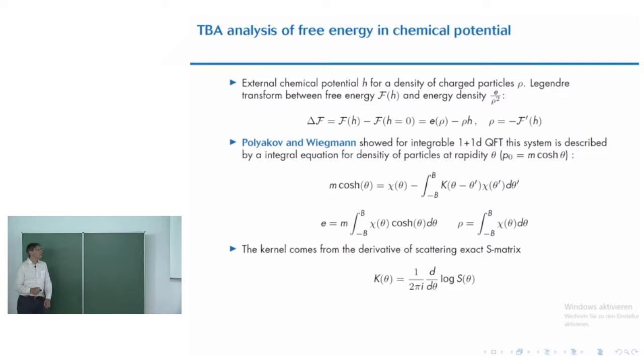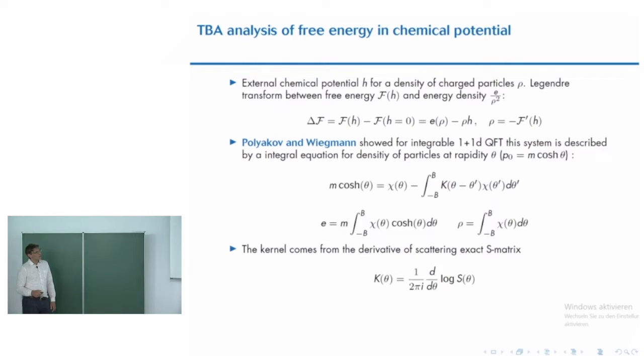This is the TBA equation. So chi is, roughly speaking, some density of states. B is the Fermi surface where this density goes to 0. So you have to determine B in terms of H. That's actually why this is tricky. And K is given in terms of the S matrix data.